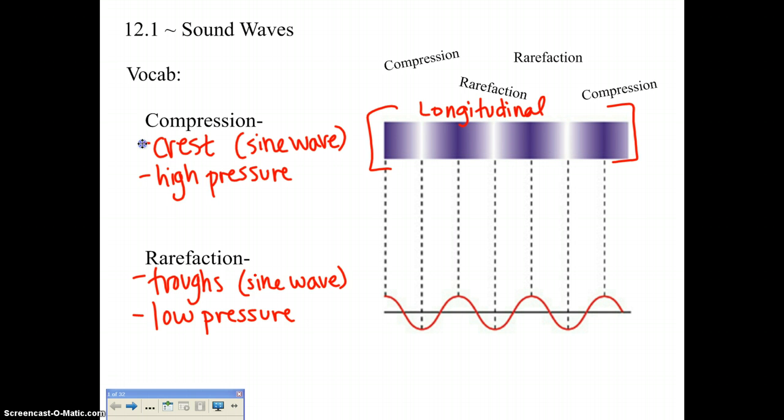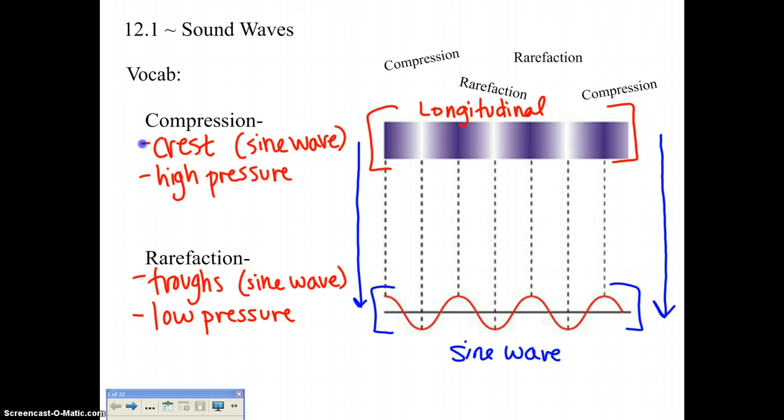And this picture down here is looking at what a sine wave would look like, a sine wave that is generated from making a longitudinal wave. Anyways, the longitudinal wave came first, and then you make the sine wave from the longitudinal wave.